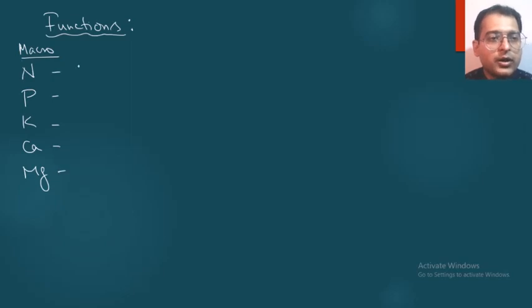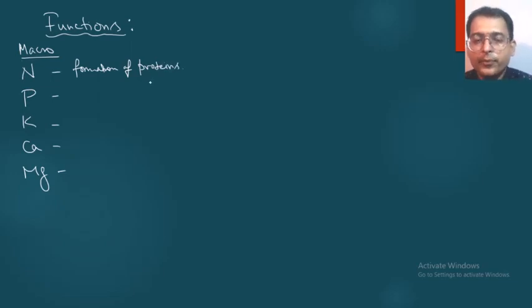Let us see the functions of these. Nitrogen is required for the formation of proteins. Proteins are made up of amino acids, and amino acids have nitrogen. So one of the very important functions of nitrogen is the formation of proteins.